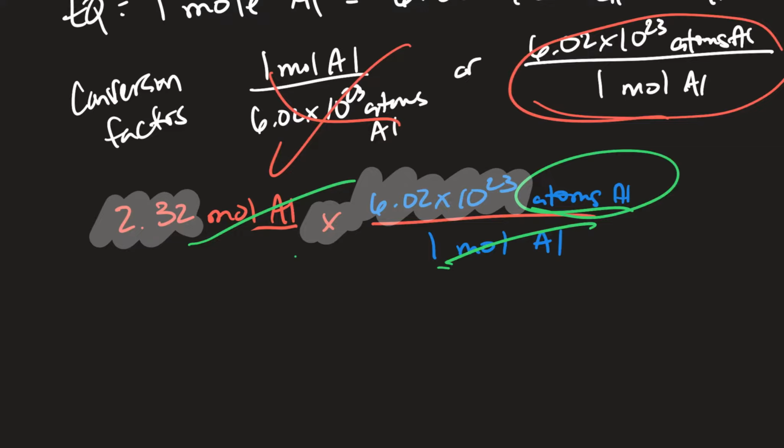And once you do, you should get the answer 1.40 times 10 to the 24 atoms of aluminum. Okay, so here, same idea with dimensional analysis, but this time we're converting from moles of something to the number of atoms of something using 6.02 times 10 to the 23rd.